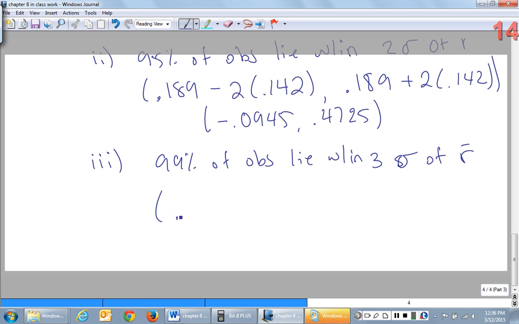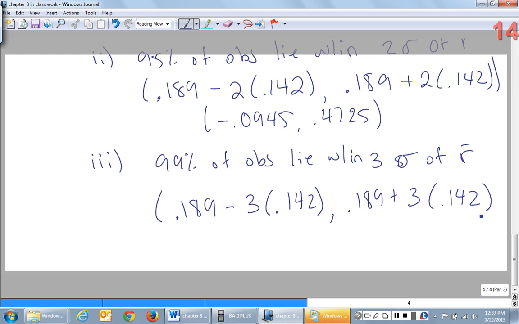So we have our expected return of 18.9% minus 3 times the standard deviation of 14.2%, and our expected return plus 3 times our standard deviation of 14.2%. So 99% of observations will lie between a negative 0.23 and a positive 61.9%. 0.4%.